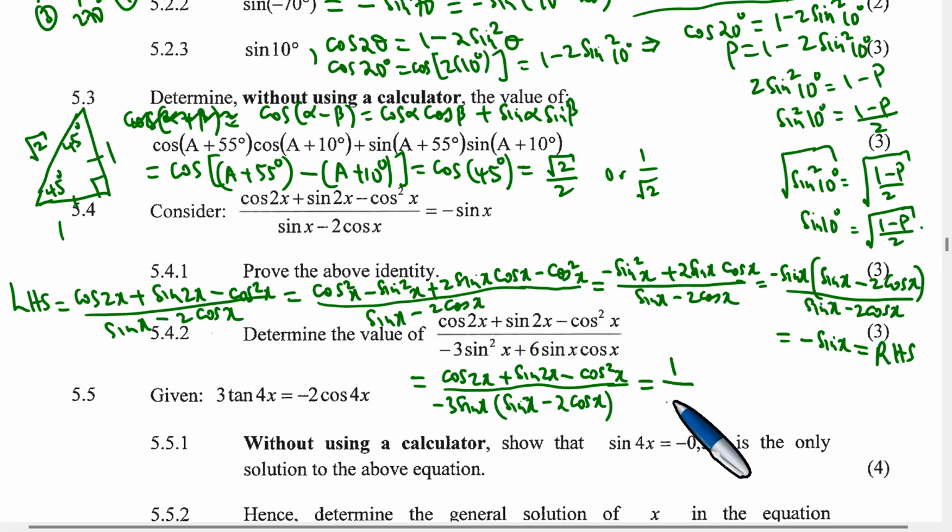So here you'd have 1 minus 1 over this, but this is minus sine x. So if you have the minus sign, then it cancels out and it gives us 1/3. Okay, so they said we need to determine the value of this. So the value of this is 1 over 3.